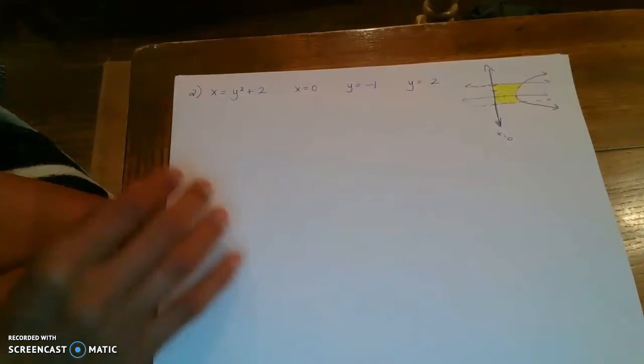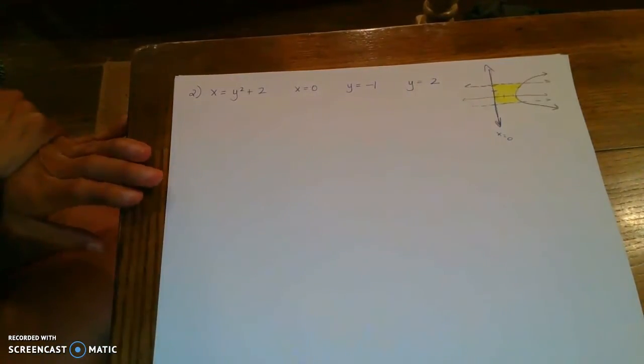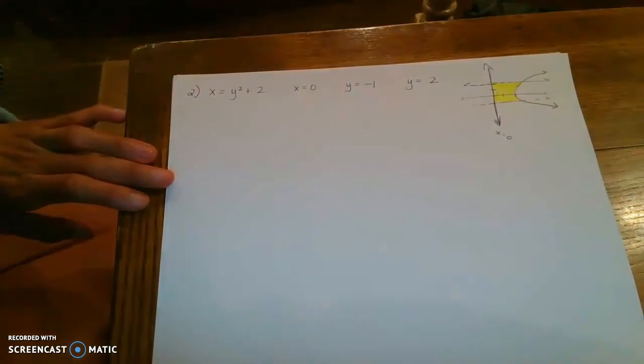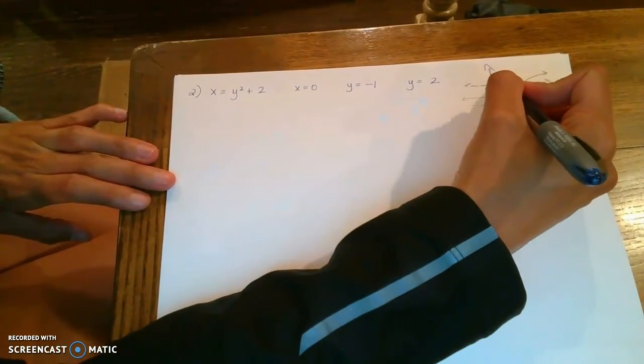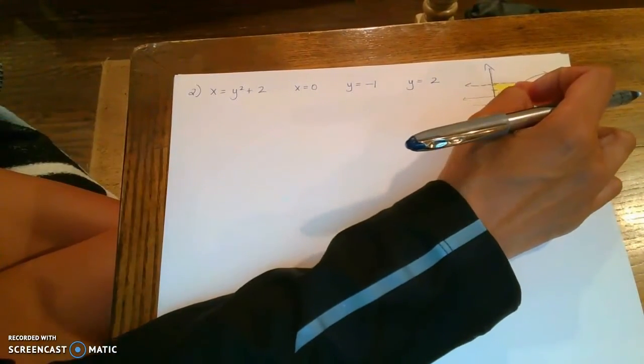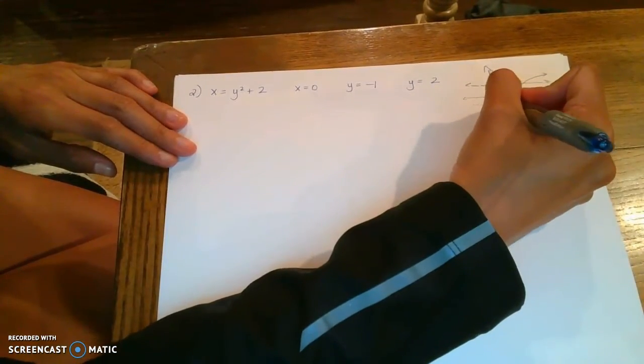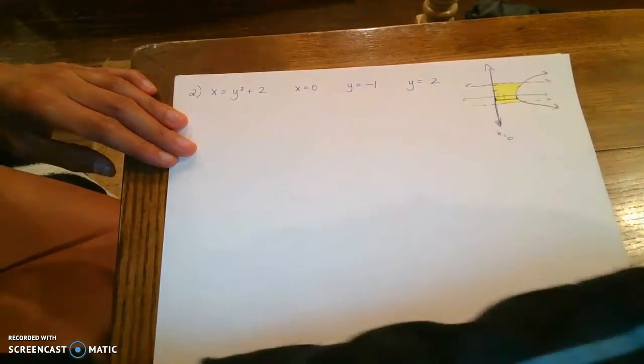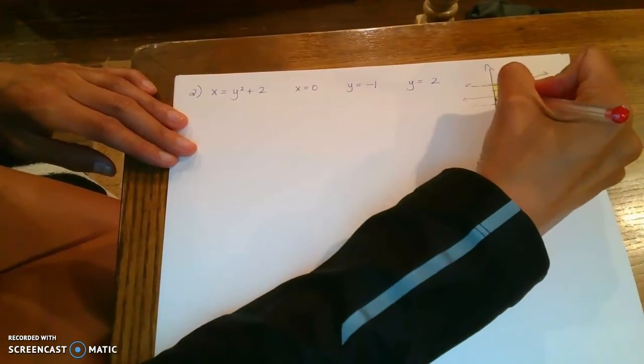So when I'm looking at this, I'm saying, oh, this is definitely not going to be a vertical rectangle, because if I do that, I'm not even getting this curve involved. This is going to require a horizontal rectangle.